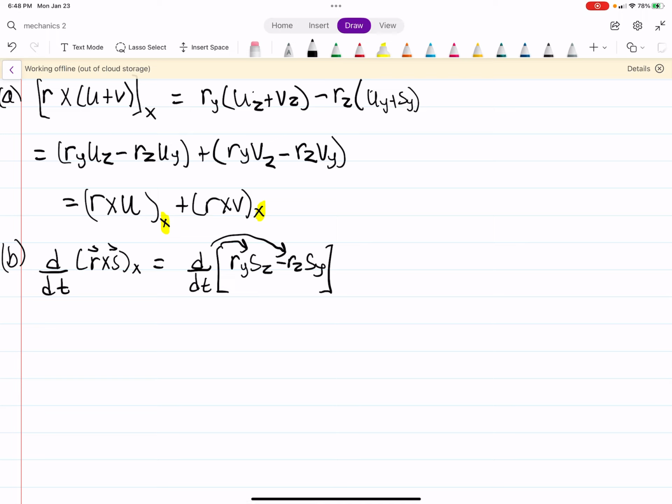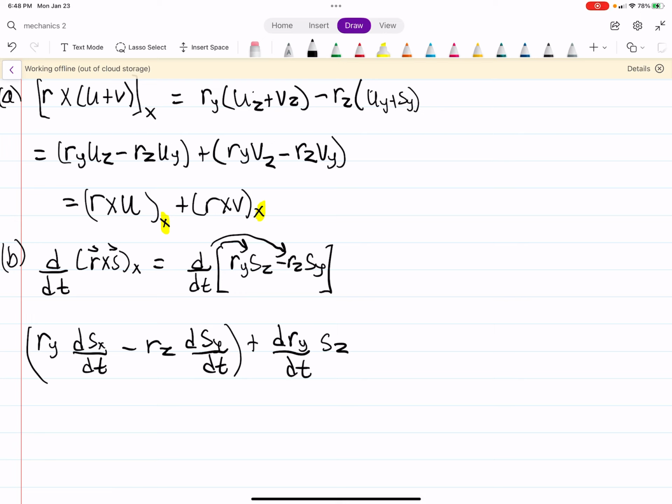Okay, so we just take the derivative of both. These are two product rules. So we have Ry dSz/dt minus Rz dSy/dt, plus dRy/dt Sz minus dRz/dt Sy.